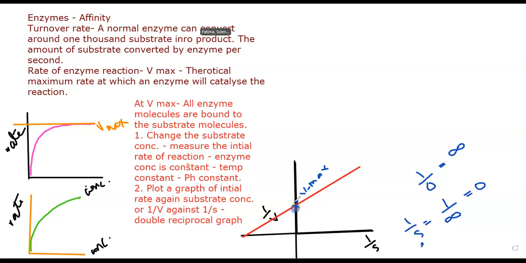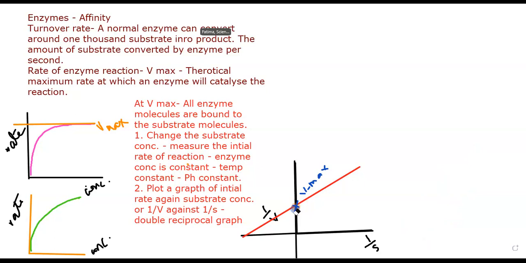So that's how the reciprocal graph solves the problem. That's how by taking a reciprocal, my problem is solved. Because if I'm doing 1 divided by infinity, that is equal to 0. So if I make a graph of 1 upon v and 1 upon s, I simply need to look at 0 to calculate where the Vmax is.